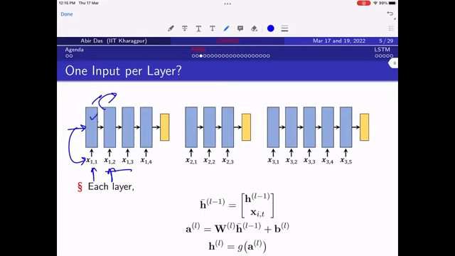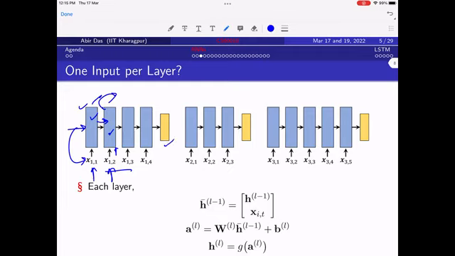That also goes in here, right? So except for the first layer, every layer has 2 inputs. One is coming from that element of the sequence, another is from the previous hidden activation. And then you can simply classify it.